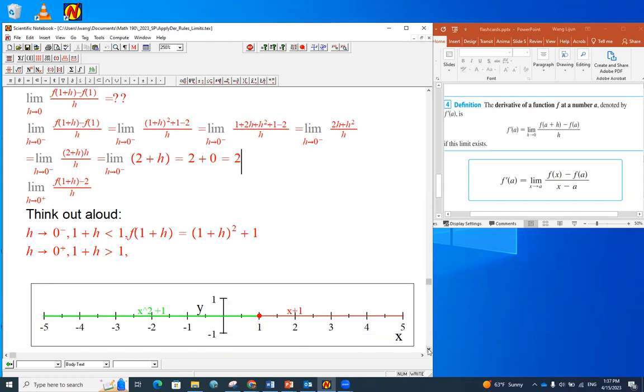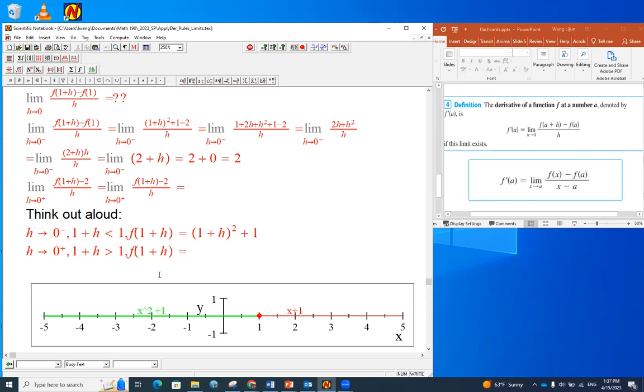Okay. And how about the limit from the right? The limit from the right, we'll take this piece, right? f of 1 plus h, where 1 plus h is greater than 1, we will be applying the other rule, the red one.